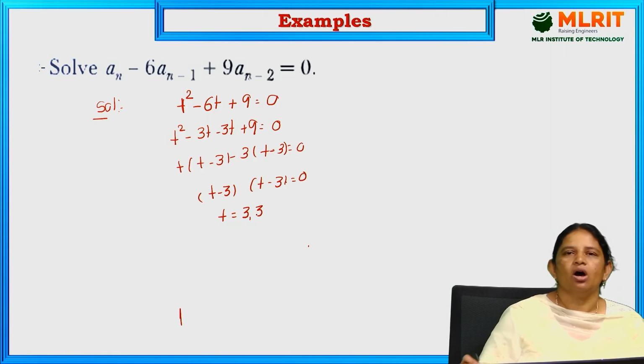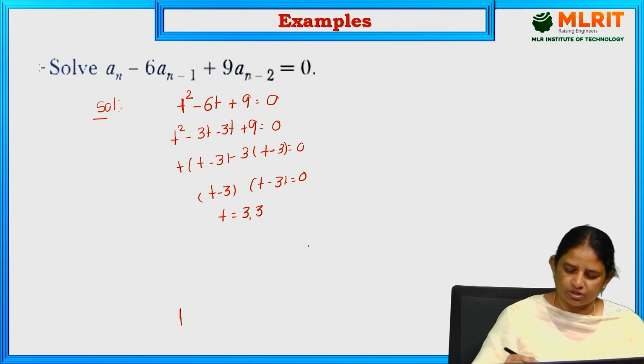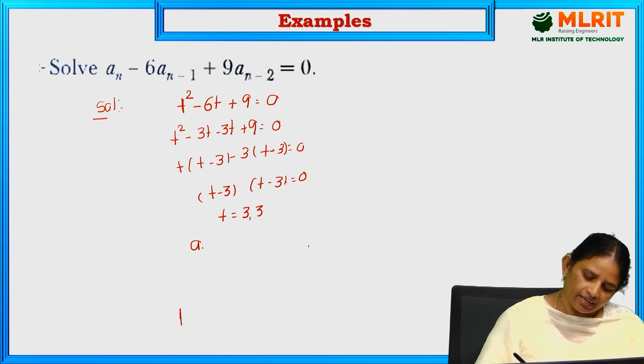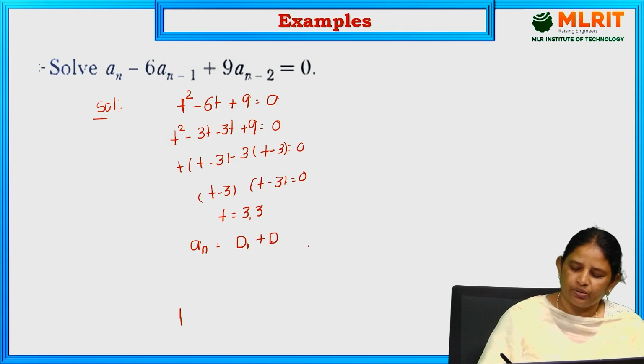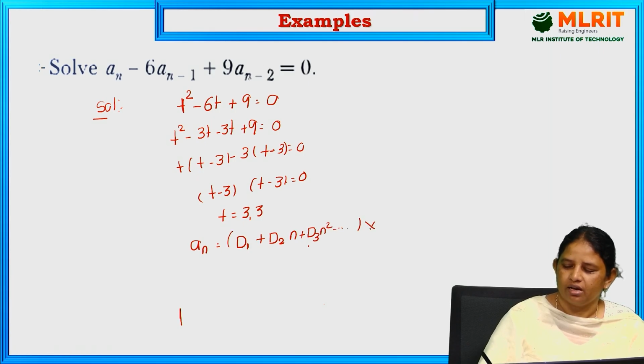Here the roots are the same. If the roots are the same, what is the solution? An equal to d1 plus d2n plus d3n square and so on, times x to the power of n. Here there are two roots.